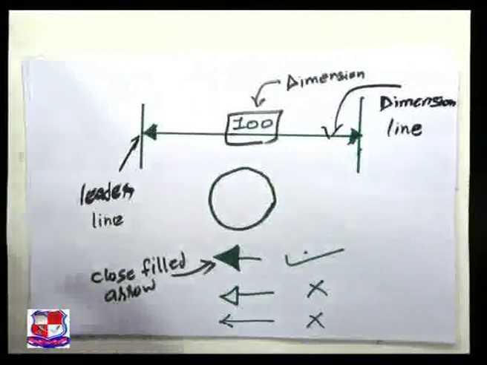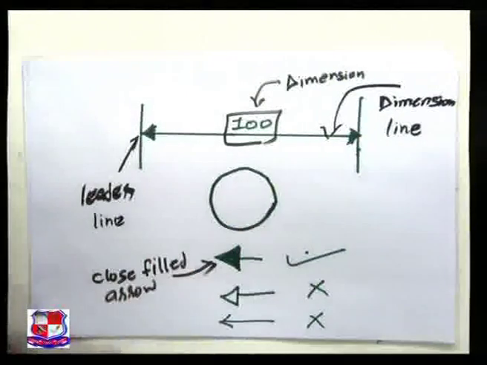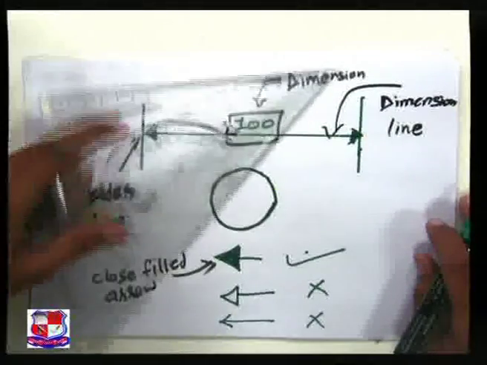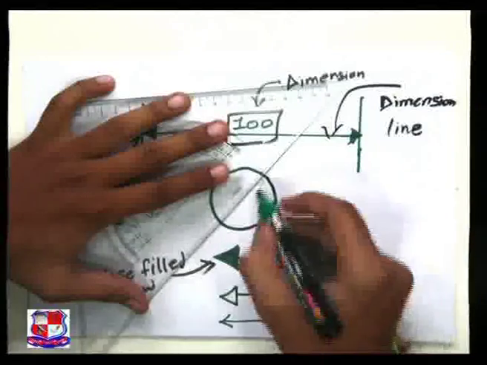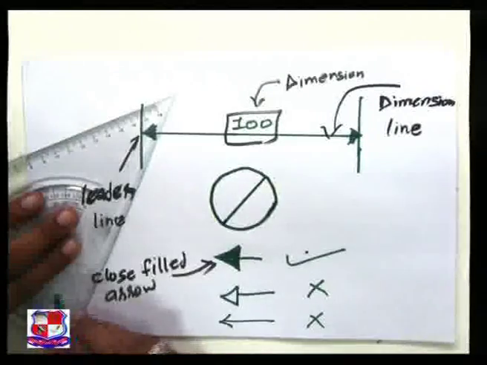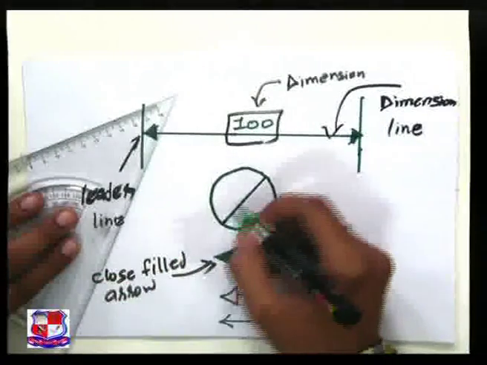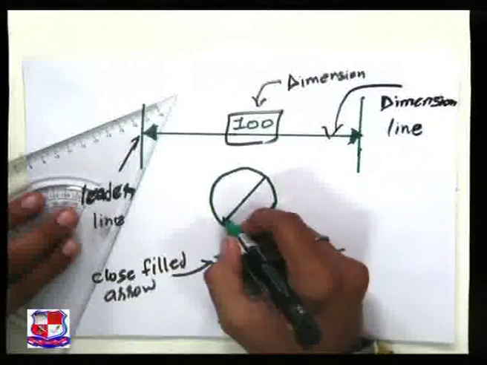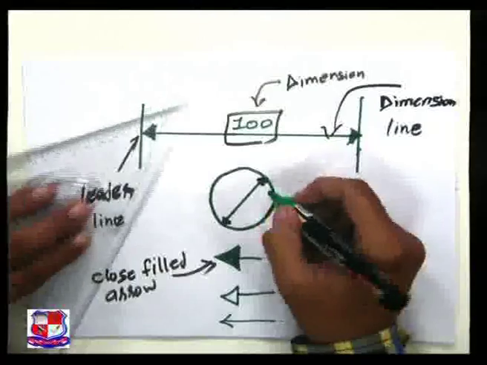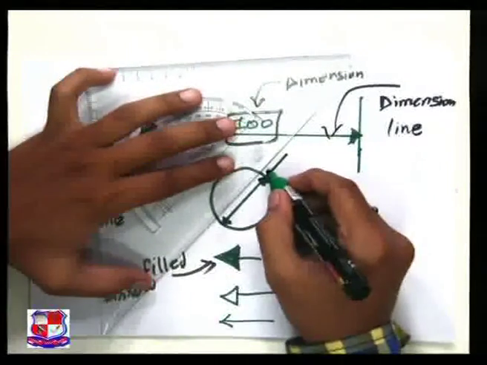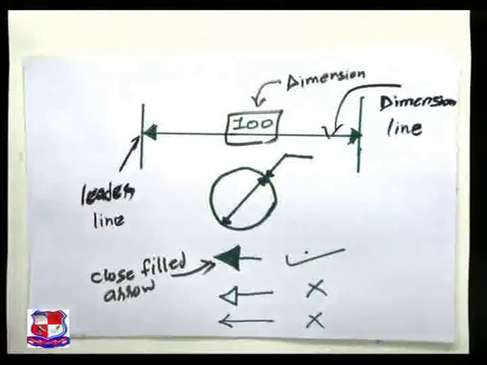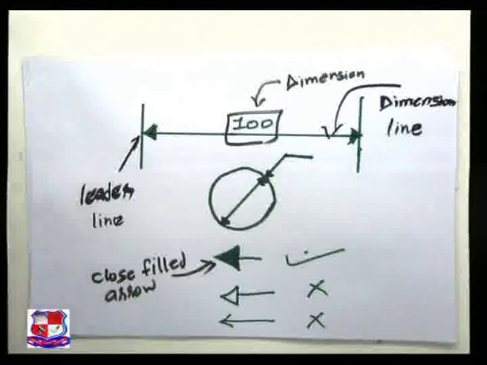If I want to give the diameter dimension, draw a line passing through the center of the circle, and take out another line, like this.